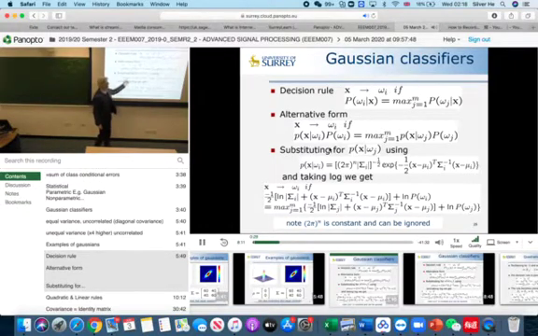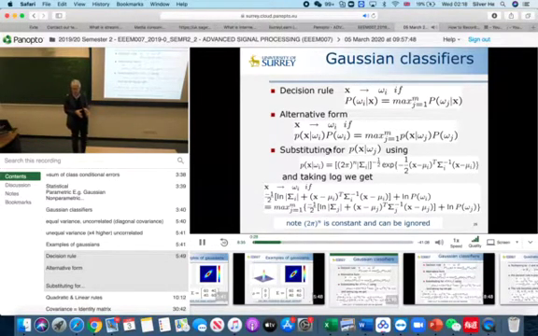So the key things that we can spot in here is that there is a dependence on x just inside the exponential here. There is a dependence on the class through this determinant of the covariance matrix and through this mean. But the determinant of the covariance matrix is fixed for a particular class.